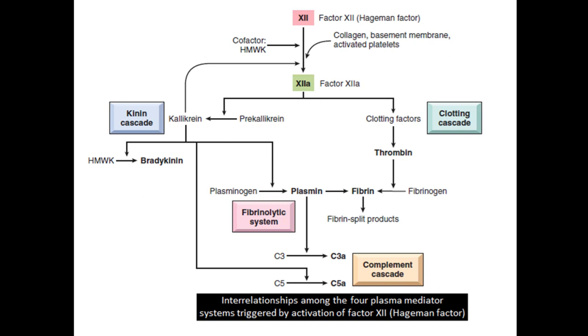So in this slide we can see that the complement system, the clotting system, and the kinin system collectively play their roles and are integrated with each other, along with the fibrinolytic system, to run the inflammatory process. The plasmin also activates C3 into C3a.